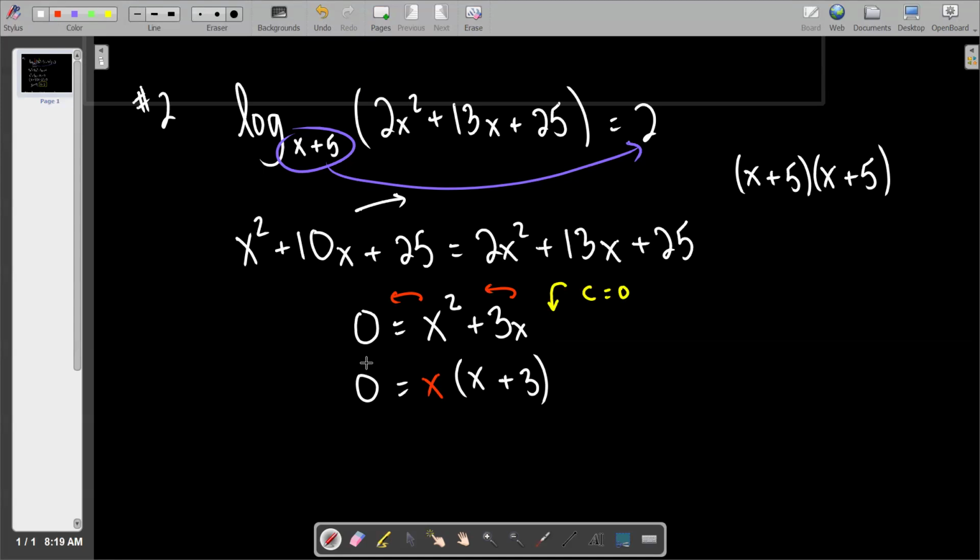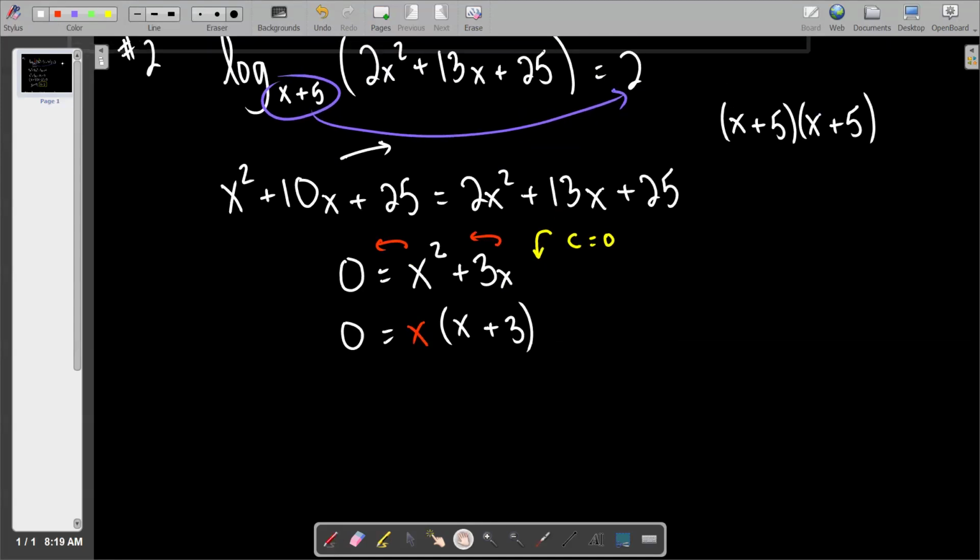That's always the goal. It's why we factor. It is literally the reason why we teach you to factor, so that you can figure out where zeros occur. So the zeros are going to be from this one, x would have to equal 0. That's a potential solution. And then from this one, we have x equals negative 3.